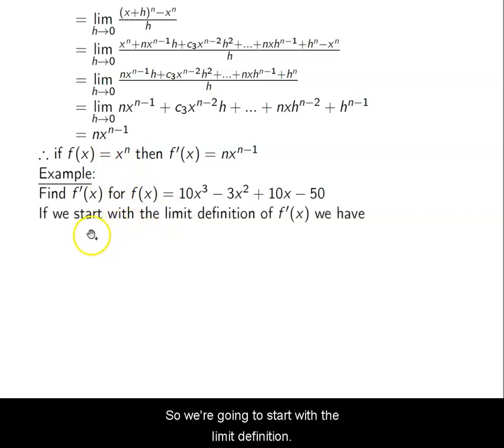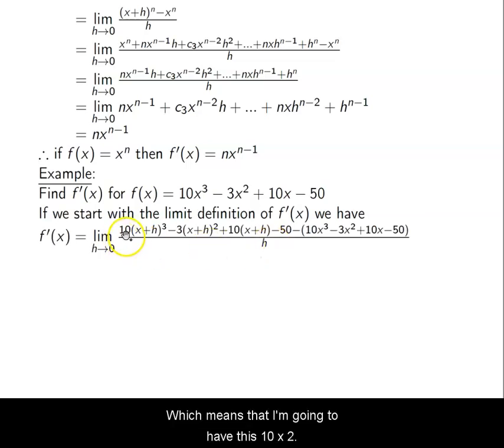Okay. So we're going to start with the limit definition, which means I'm going to have 10 times x plus h to the third. So everywhere I see x, I'm going to plug in x plus h. And I'm going to subtract from that my original function, over h.